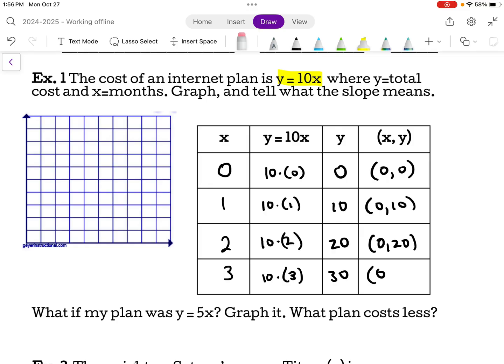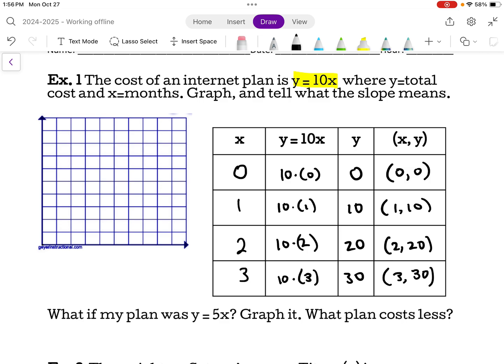Oops, why did I put 0 on all those? Sorry for the mistake there. This should have been 1, 10, 2, 20, and then 3, 30. There you go. To graph this now, I'm going to graph those points.